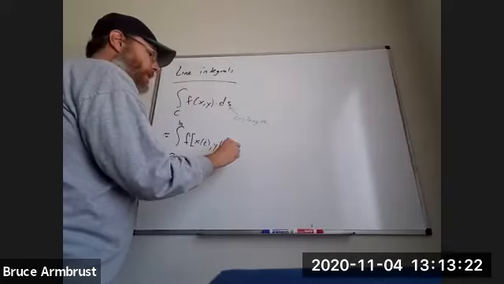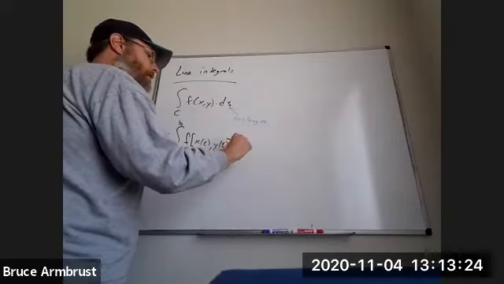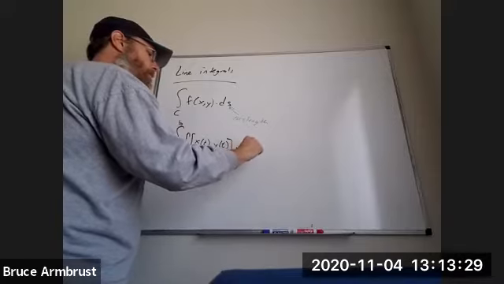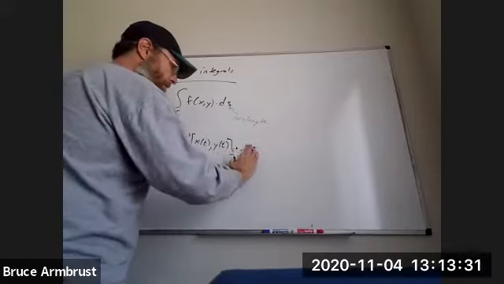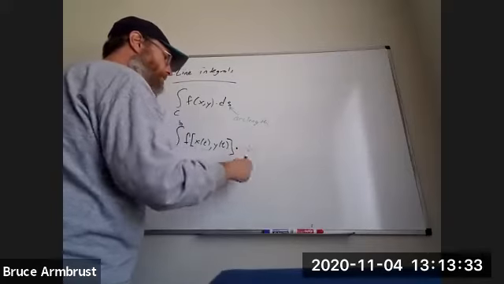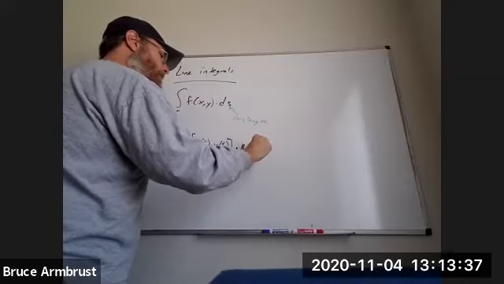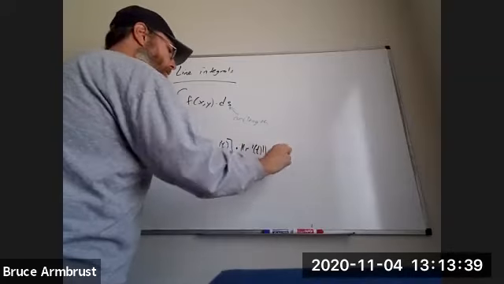And then we multiply this by, or hold on, not r prime, the magnitude of r prime, dt.